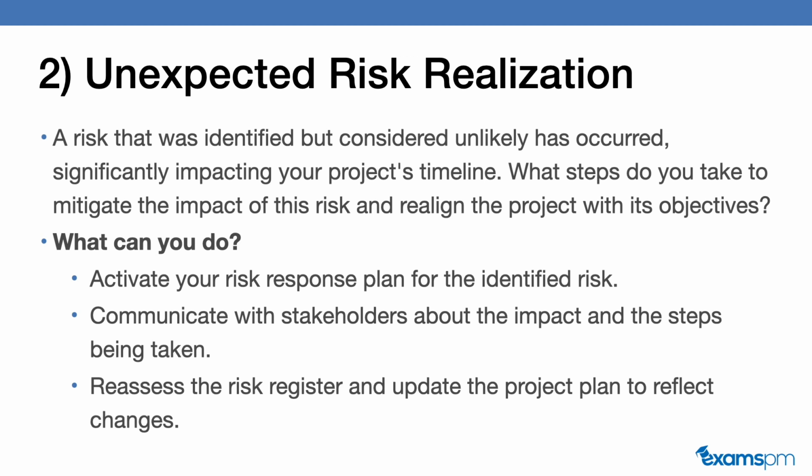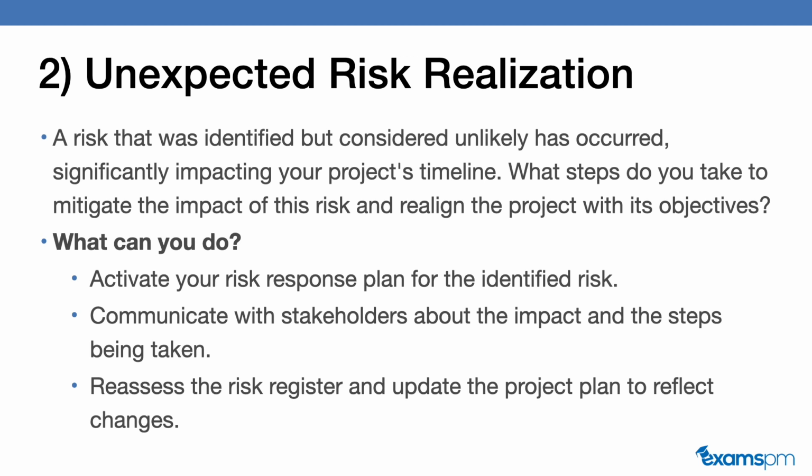So what you need to do if this risk actually does happen is to implement that mitigation plan as planned. You will have to communicate the fact that this risk did happen to all of your stakeholders and communicate to them the impact that it could have on the project, and if there's additional time or resources or budget that's needed in order to resolve this issue.